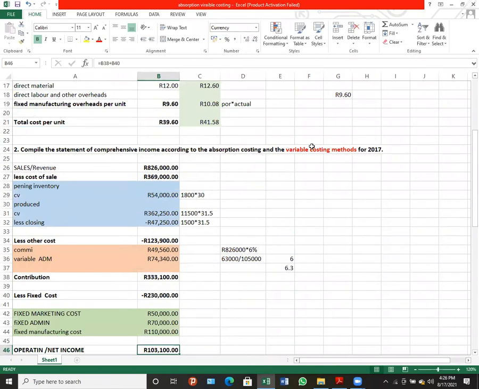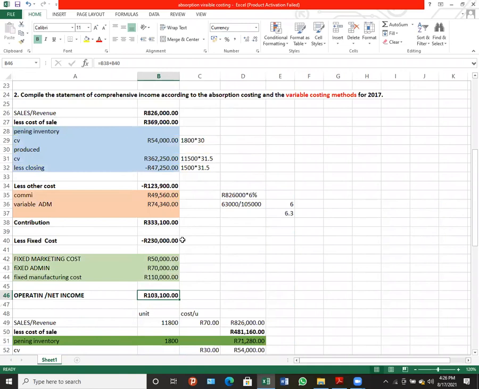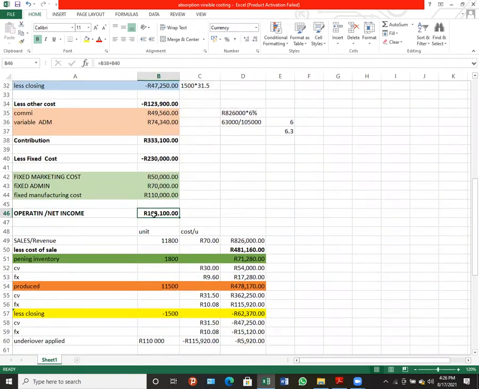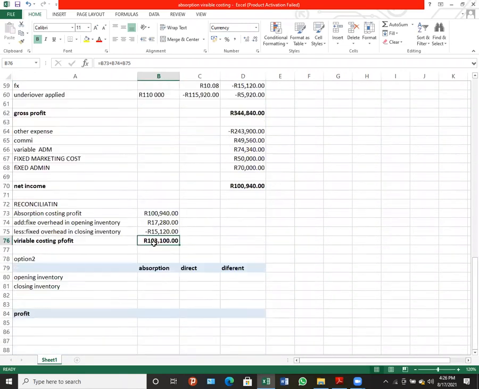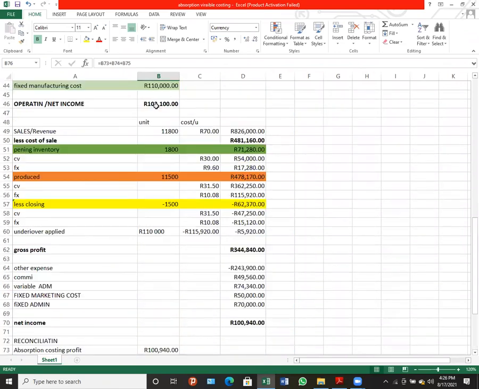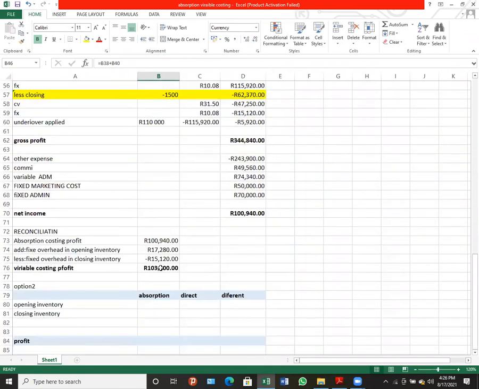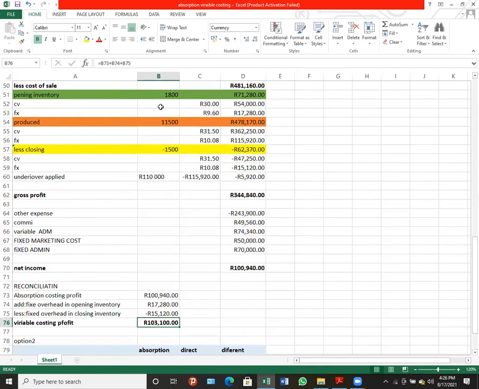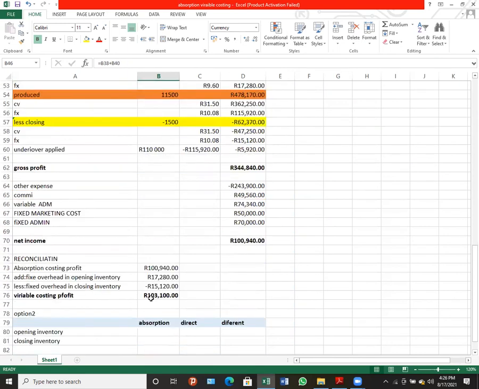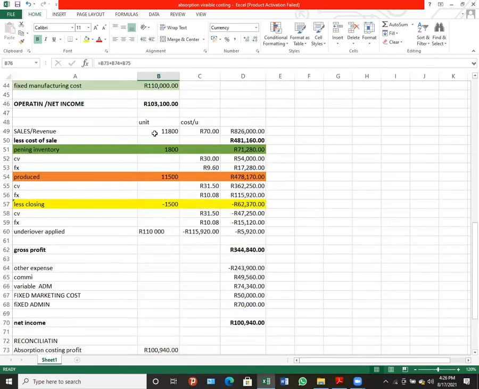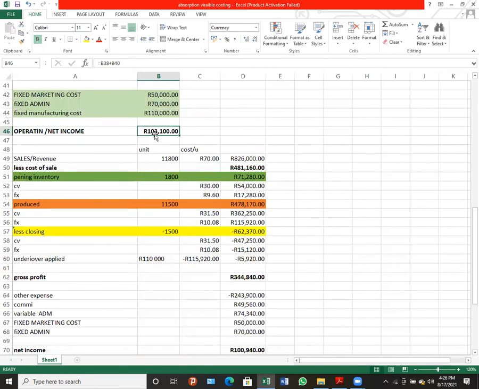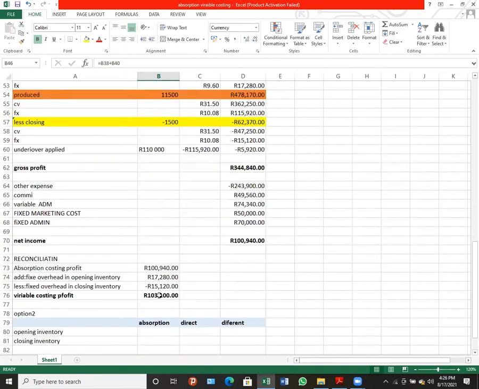The direct or variable costing, which we did last week. This is the same as this. We reconcile, which means now we are on the right track. Are we together, guys? Yes, we are together, sir.